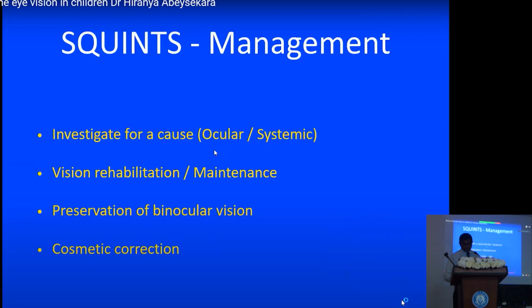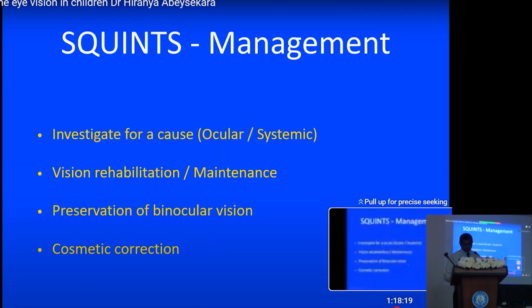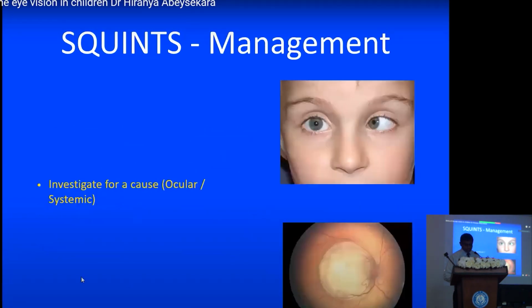To do that, of course, you need to do a proper examination of this child. You can't just say this is an older child, only the cosmetic appearance is important, so you can do this even later. You can't say things like that, because when you dilate the fundus and have a look, there can be a sinister pathology. This is only one example, a tumor.